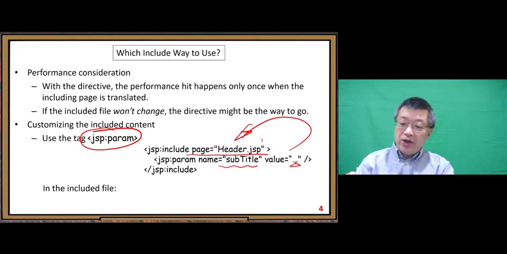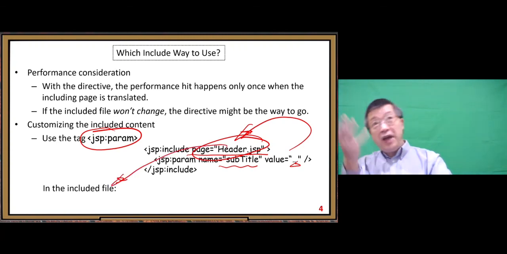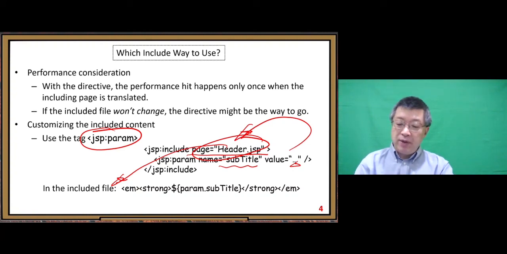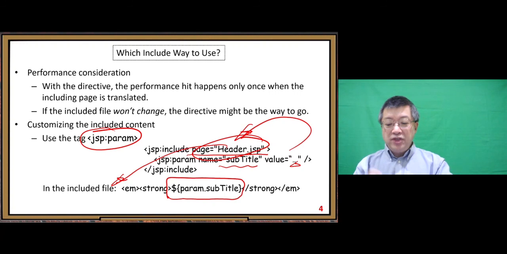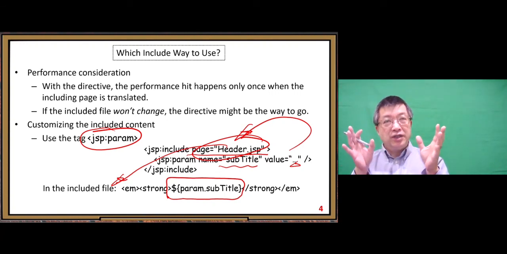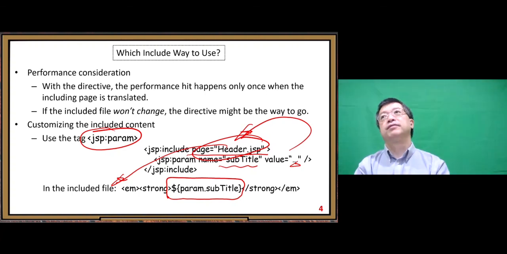Now we're talking about inside the header.jsp, the included file. How do we access that parameter? We would like to access the parameter values. Here I show you an example. Look, this is the way to access. But this expression is new to us at this point.